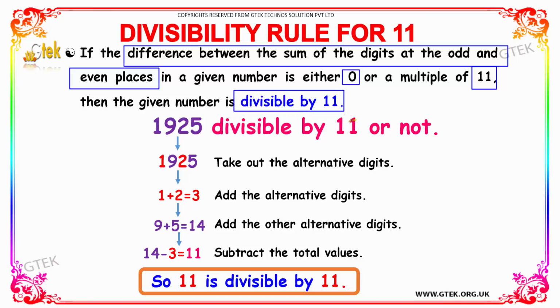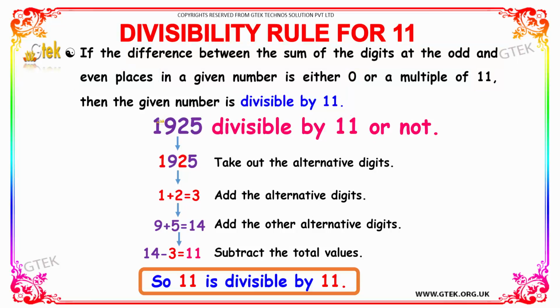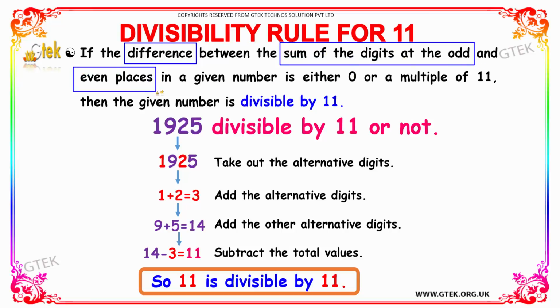To make things clear, let us take an example. So we have a number over here as 1925, which is divisible by 11. Let us see how. You have to find the difference between the sum of the digits at the odd places and the sum of the digits at even places.